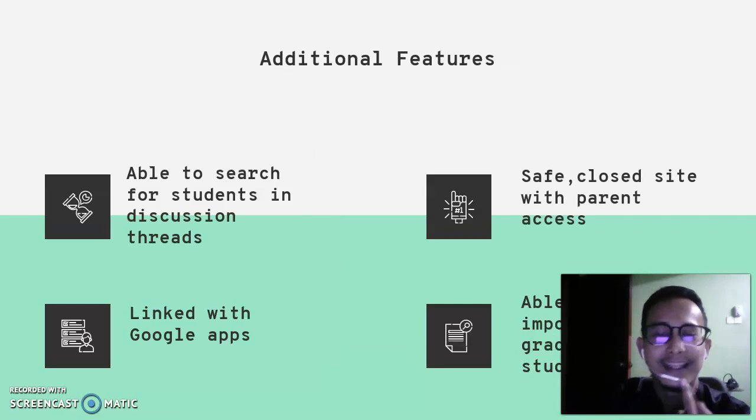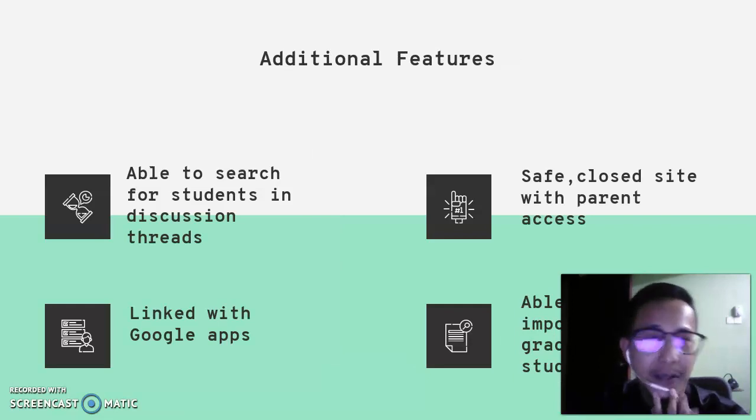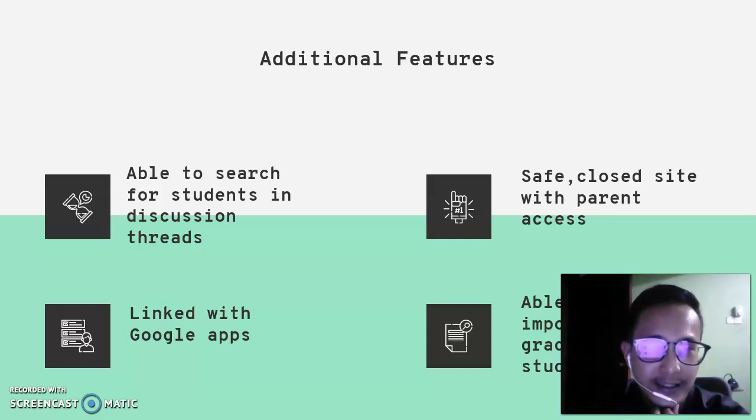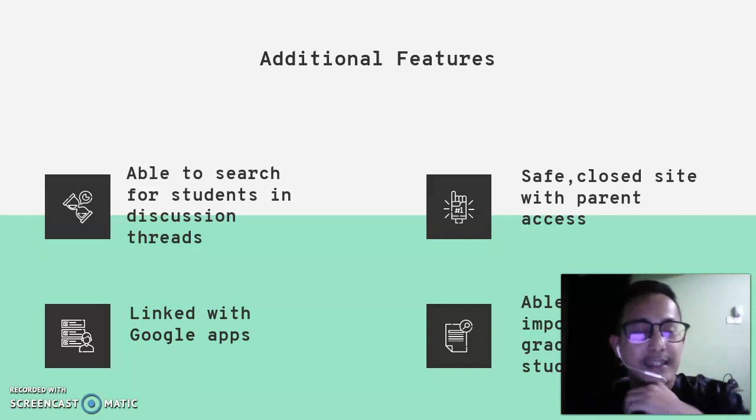Okay, the additional features. You are able to search for students in a discussion thread. As I said before, you can easily tackle any student that does not interact, that has no engagement during a discussion.